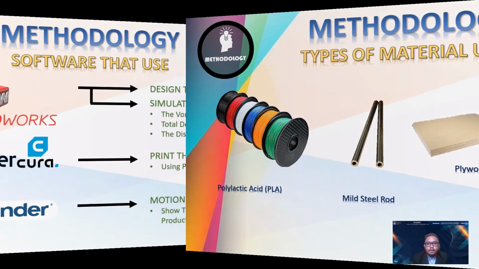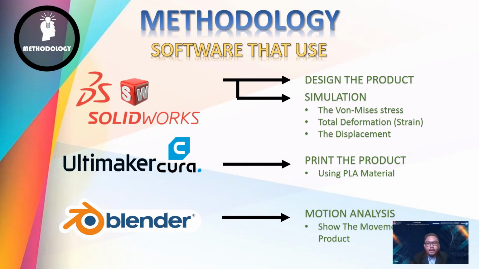Next, it is the software that I used in this project. First, for the design and simulation of the product, I used SolidWorks software. This is because it's easier to use and gives more information about analysis, such as the von Mises stress analysis, the deformation analysis, and the displacement.